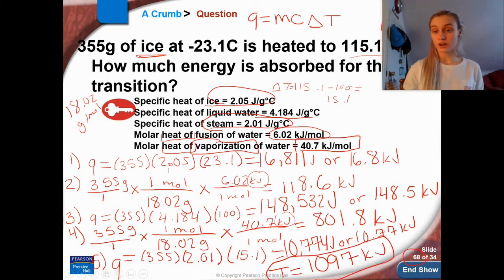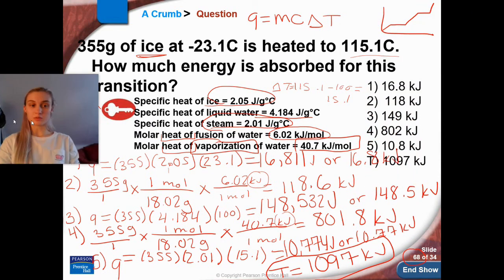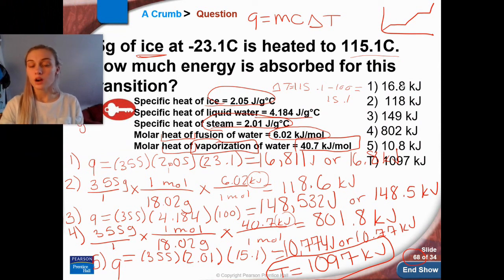Okay, so we can check ourselves. Let's see if we're right on this really long problem. The first step should be 16.8. We got 16.8. Step 2, we got 118. We did get 118. Step 3, we got 149. We got 148.5, so same thing. For 4, we got 802.